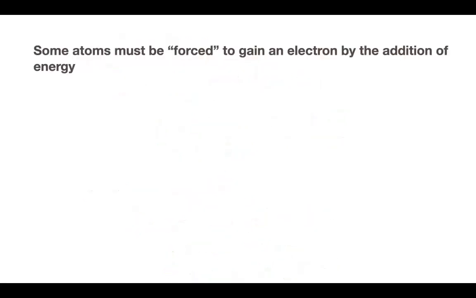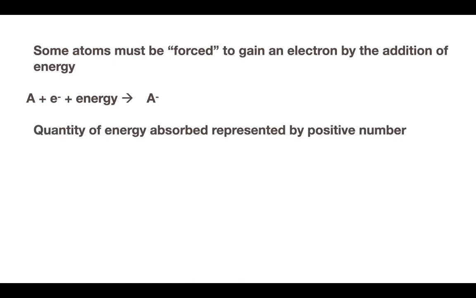So there are some atoms that really don't want an electron. And instead of releasing energy, you actually have to force them to take the electron by adding energy. So that would be represented by having energy on the left-hand side, on the reactant side of the chemical equation, because not only do they not release energy, but you have to actually force them by adding energy.